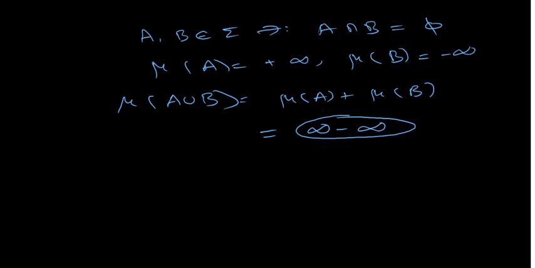It's infinity minus infinity, so it's indeterminate, and we cannot give a proper meaning to this value because it varies. It's not actually a unique value. So this will create a problem because we don't have a proper value for this union. That's why mu should assume at most one infinity.